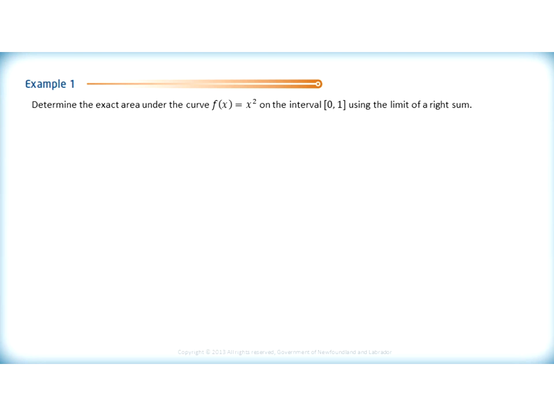The limit of a right sum. So let's write out a right-hand Riemann sum. So Rn is going to be equal to the sum from i equals 1 up to n of f of xi, so whatever the x value is at a given endpoint for an interval, times delta x.